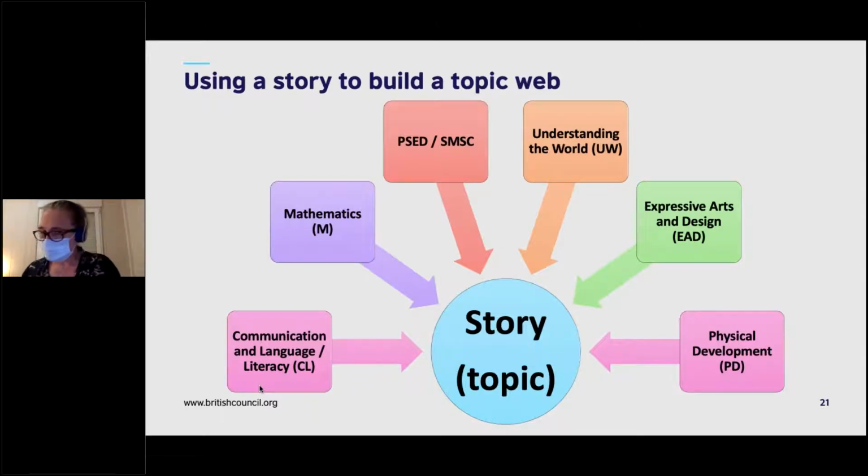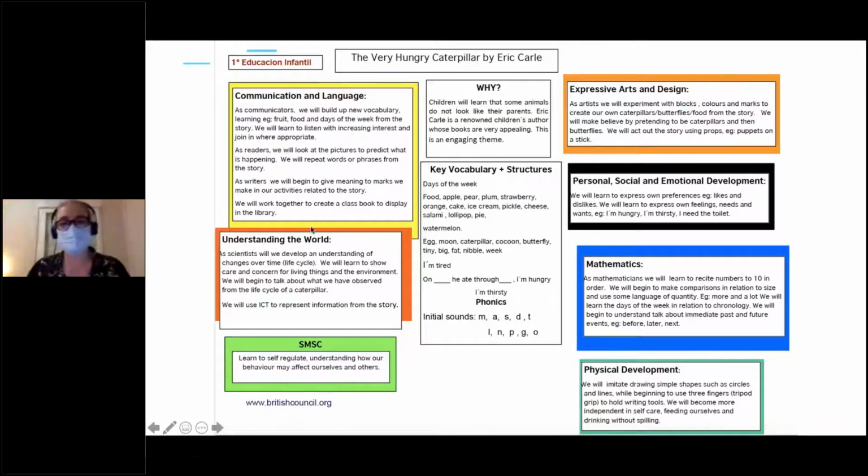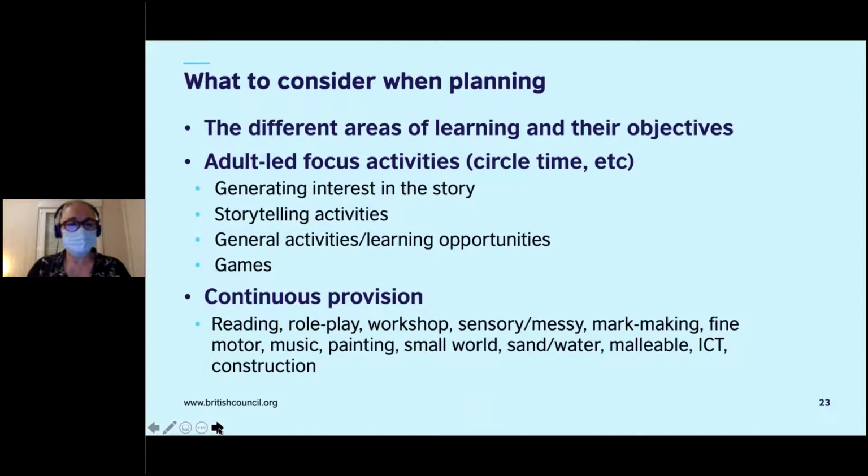Okay, so that's what we looked at last week, and then this is looking at a different story. We've got our objectives for each of the areas of learning and development for The Very Hungry Caterpillar, and then what we need to consider when planning is the different areas of learning and their objectives.